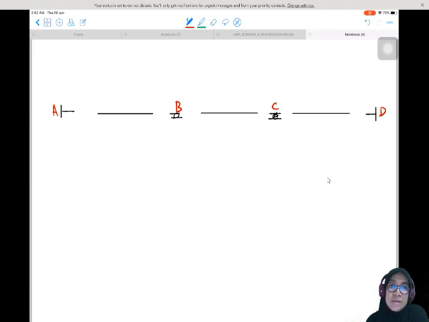For members, it is AB, BC, and CD. Okay, so the one that we have done just now, the member BC has UDL like this, and the value is 30 kilonewton per meter.